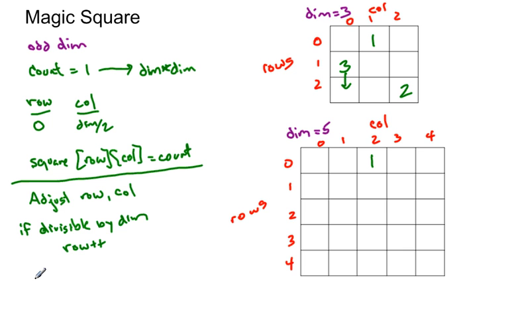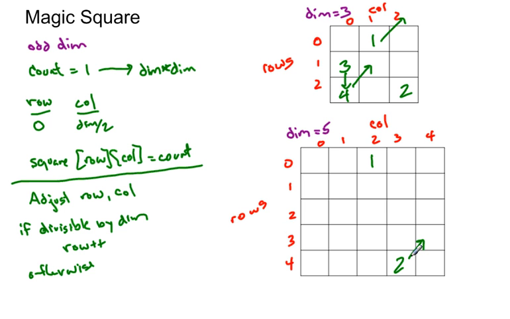But otherwise, what am I going to do? In all of the other cases, I'm moving up like this. And so let's say I have 4. Let's take the normal case where it doesn't go off the board. I'm moving up like that. Or if I'm here, I've got 2, I'm moving up like that. So what happens in all those other cases?